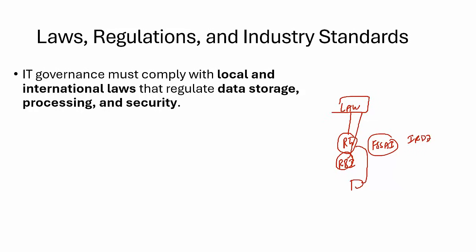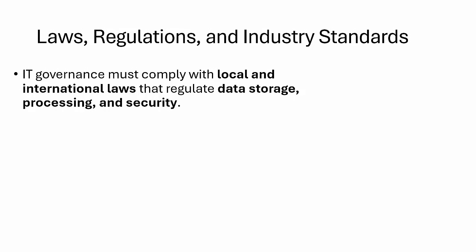Sometimes when you are doing audits or operations, you have to abide by laws, regulations and everything. IT governance must comply with local and international law, and these regulate data storage, processing and security. That is part of the requirement. I'll give an example. Let's say we have India, and a company there is doing business in Europe.